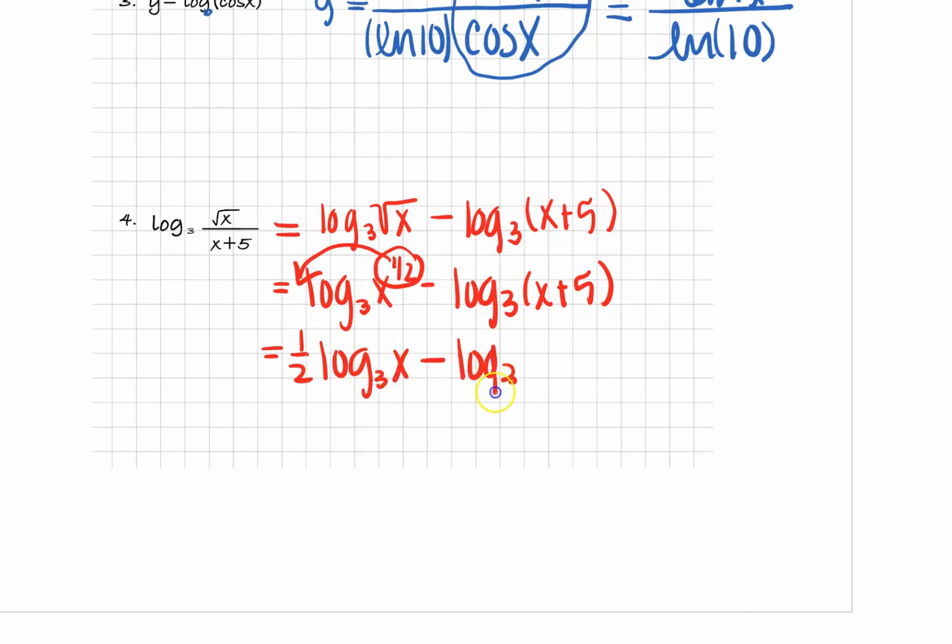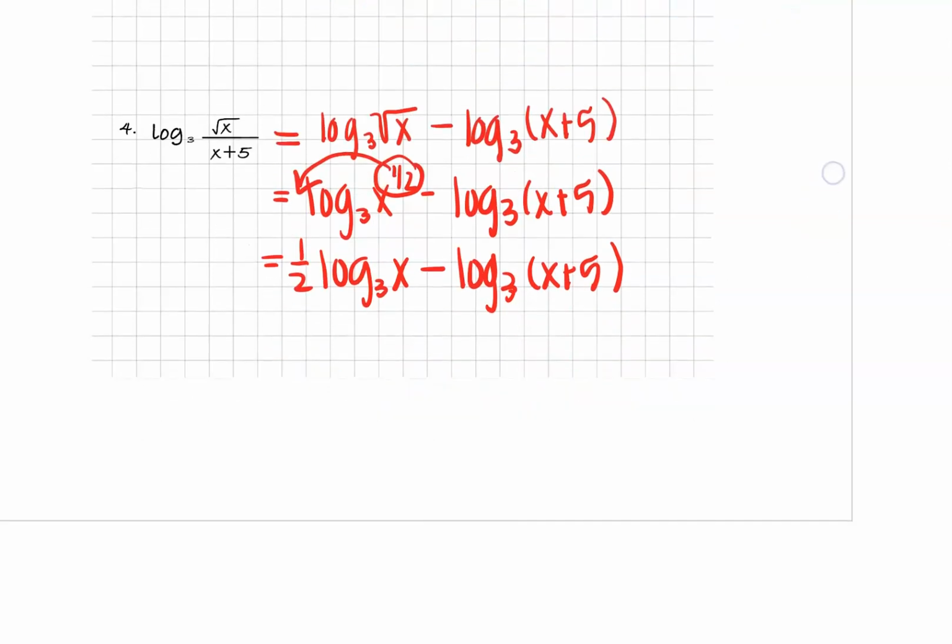So now I'm going to take the derivative of this function. So my derivative would be equal to 1/2 log base 3 of x. So you're going to put the x on bottom, you're going to put its derivative on top, and you're going to do ln of the base. We'll clean that up in just a minute.